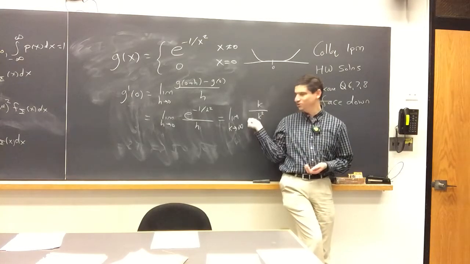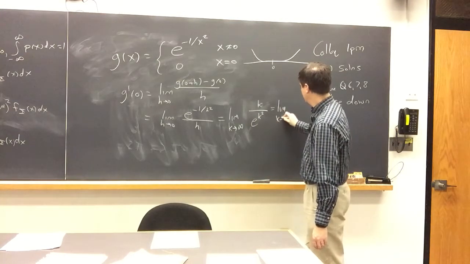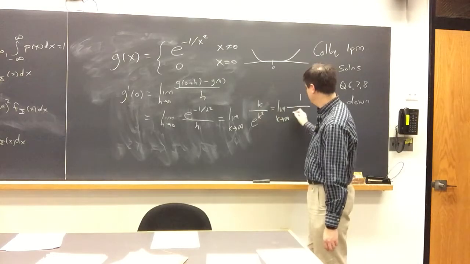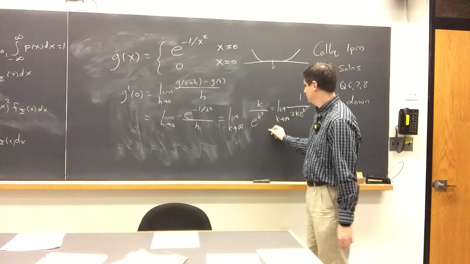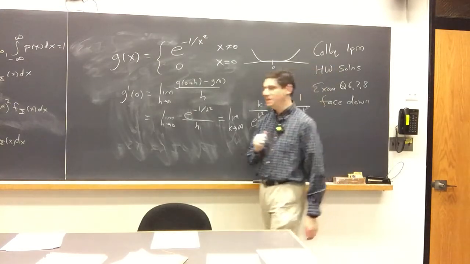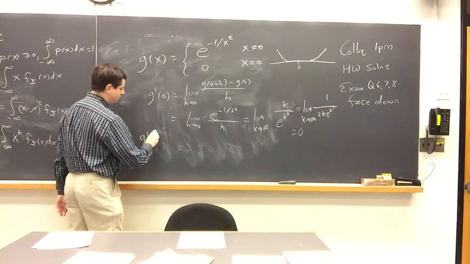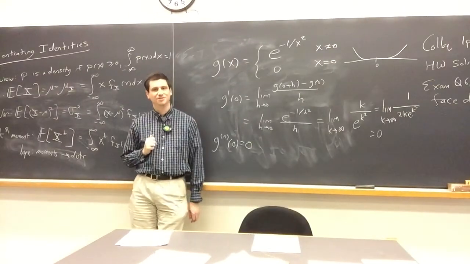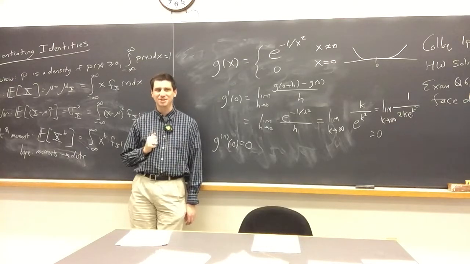And you can now see when I do L'Hopital, I will get that this is the limit as k goes to infinity of 1 over, taking the derivative, 2k e to the k squared. The limit is 0. And in fact, the amazing fact is any derivative at the origin is 0. What does it mean if every derivative is 0 at 0?